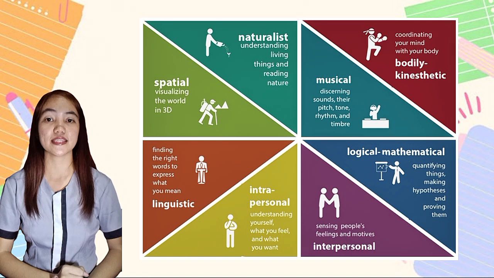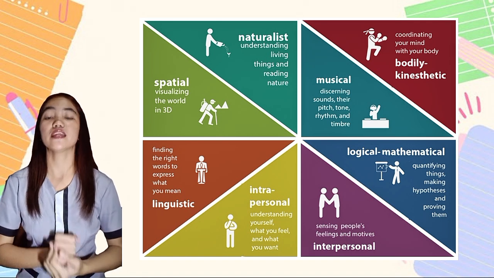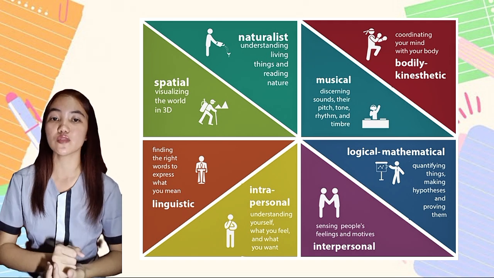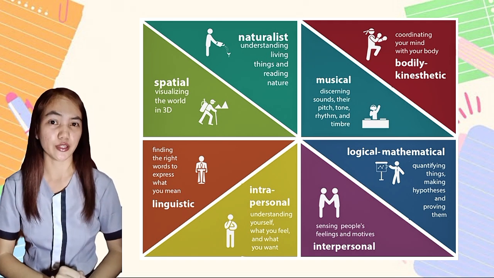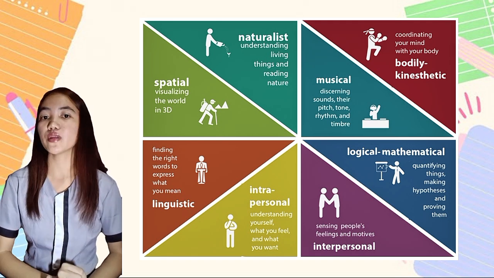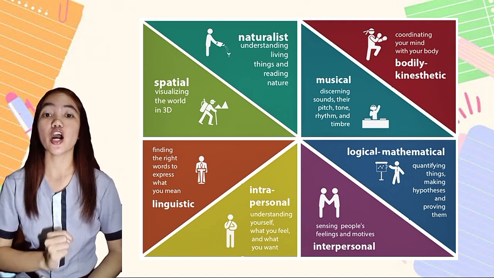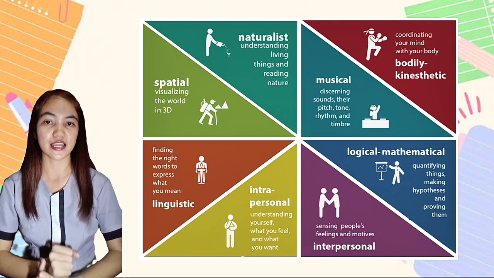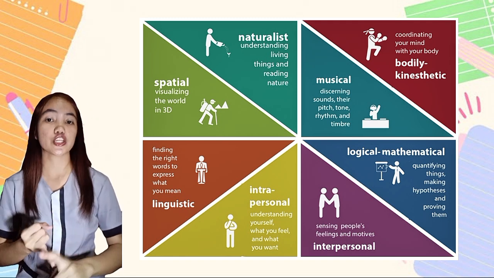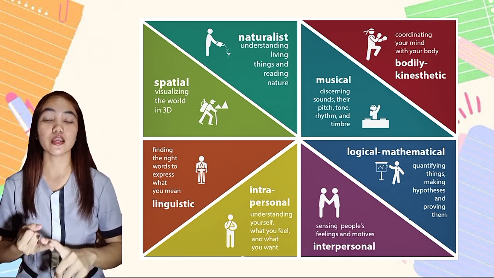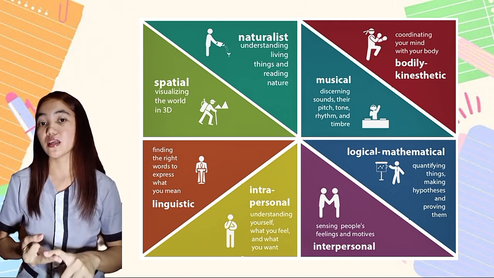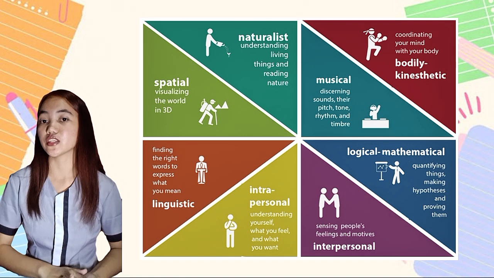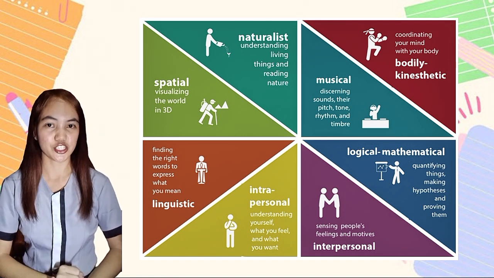Gardner's theory places an emphasis on the idea that the traditional understanding of intelligence by means of IQ testing is far too limited. So, to broaden this notion of intelligence, Gardner introduced eight different types of multiple intelligences, consisting of logical mathematical, verbal linguistic, musical, spatial, bodily kinesthetic, interpersonal, intrapersonal, and naturalistic intelligence.